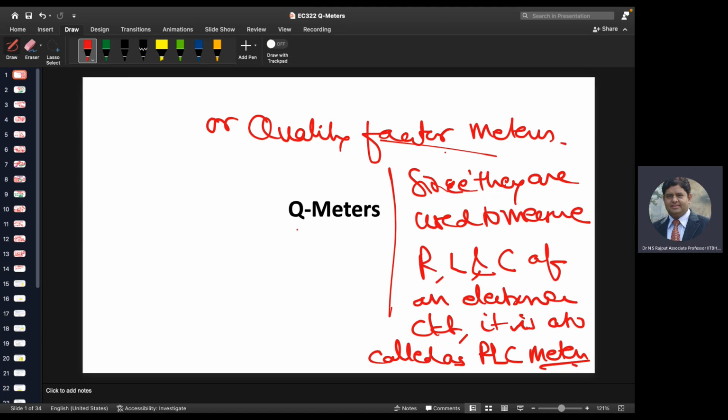So Q meters or quality factor meters measure the quality factor of a coil at radio frequency, right? So this is one thing.